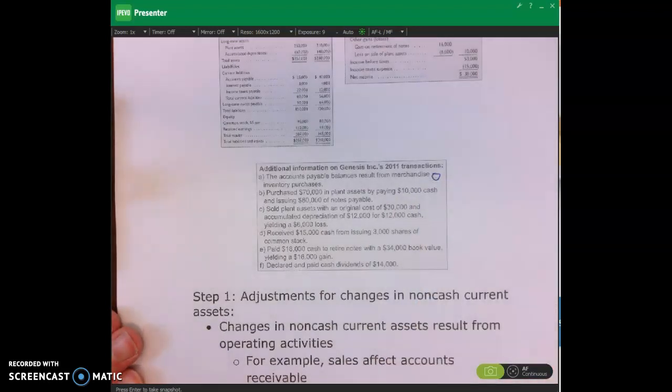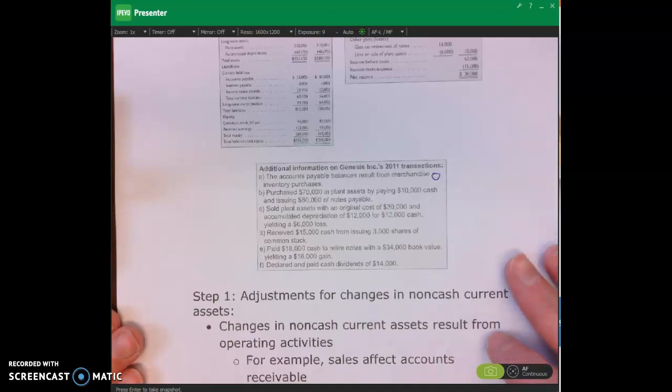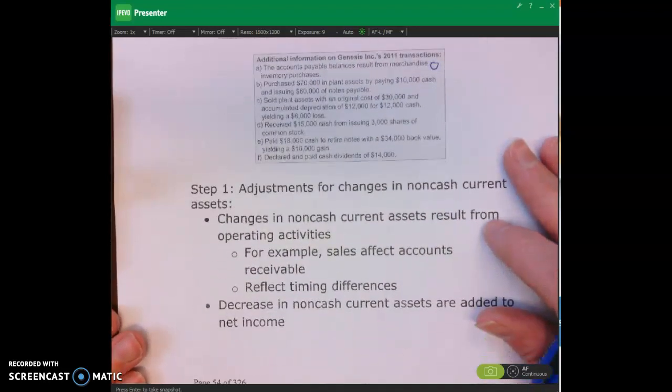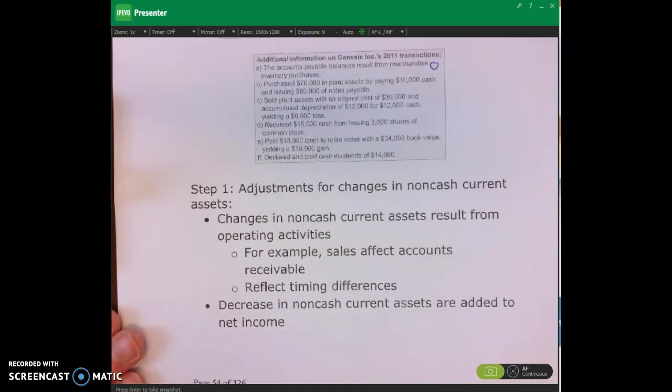With step one of the indirect method, we look at changes to non-cash current assets, and we actually have a rule. Any decrease in a non-cash current asset, that decrease from the beginning balance to the ending balance, will be added to net income.